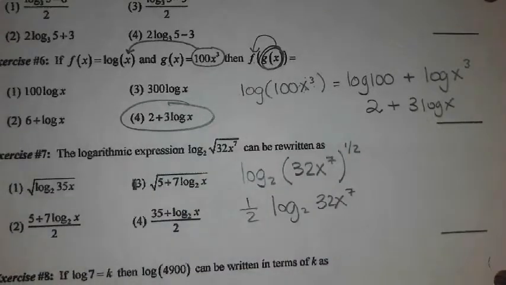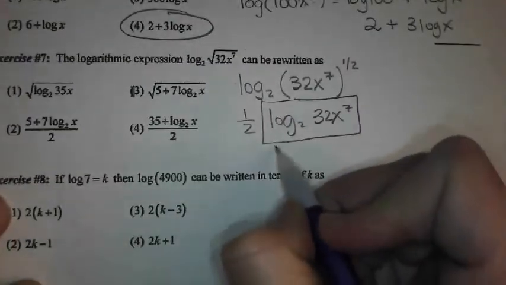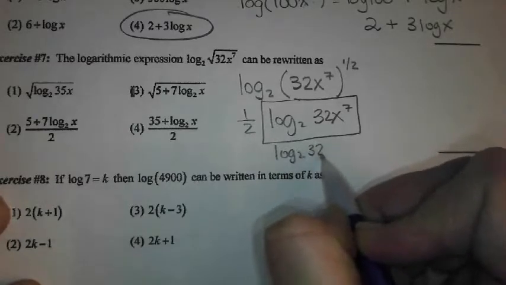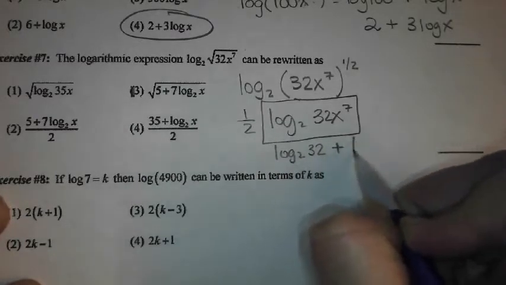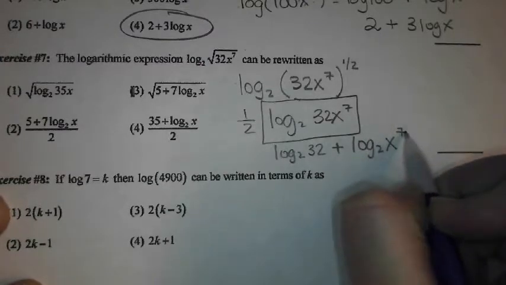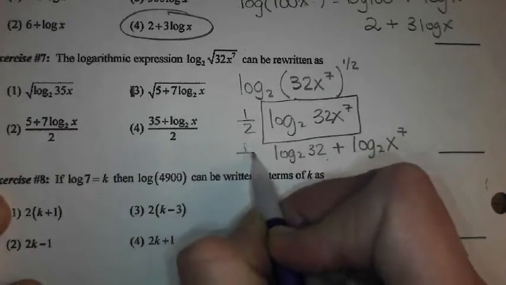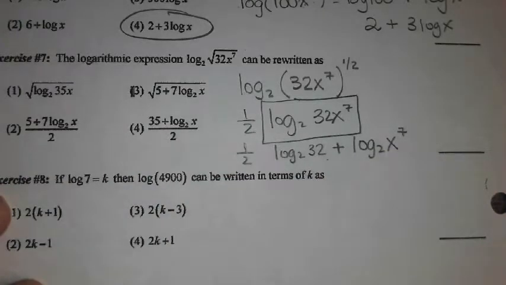I can't bring out in front the 7 yet. I first need to take this and split it up into log base 2 of 32 plus log base 2 of x to the 7th.